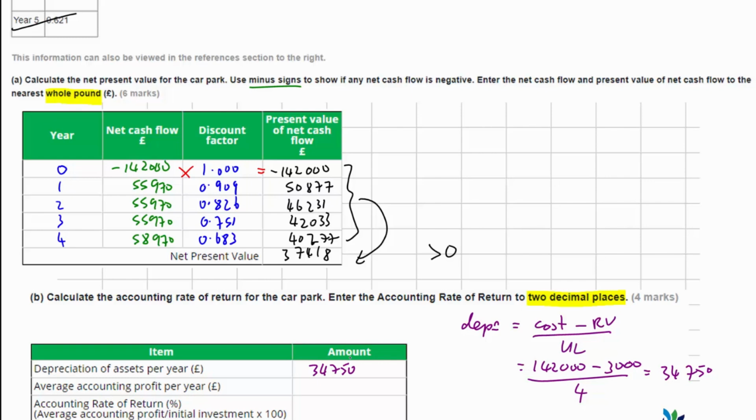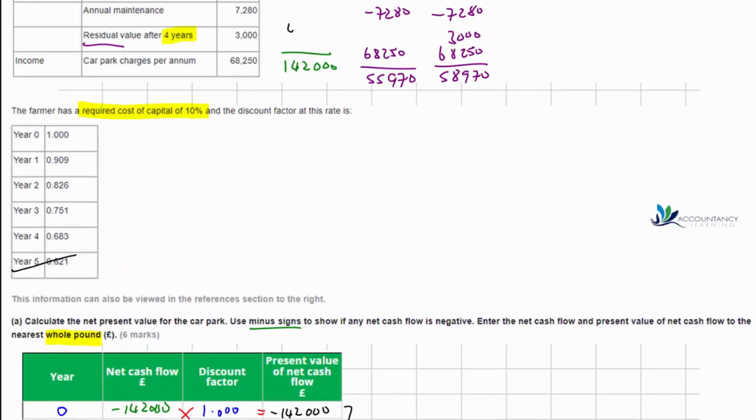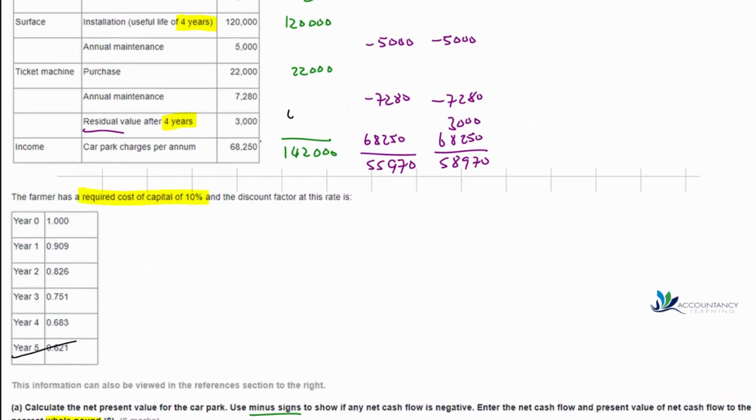Next then, it's asking for what the average accounting profit for the year will be. So in this case, we need our income. So remember what our income was. Again, if we go back to our table, we have our income of 68,250. We need to deduct the maintenance. So we need to take off the 5,000 and the 7,280.